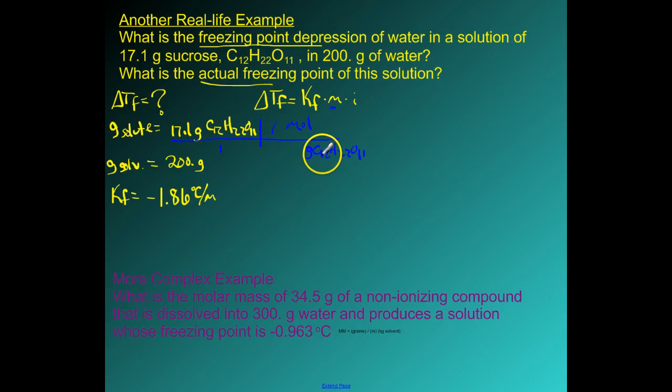I need to add up 12 carbons, 22 hydrogens, and 11 oxygens. So let's go ahead and do that on our periodic tables. Finding the molar mass of sucrose to be 342.34 grams, I can divide 17.1 by the molar mass to obtain 0.050 moles of the sucrose.